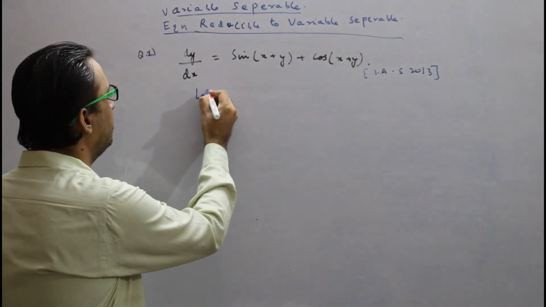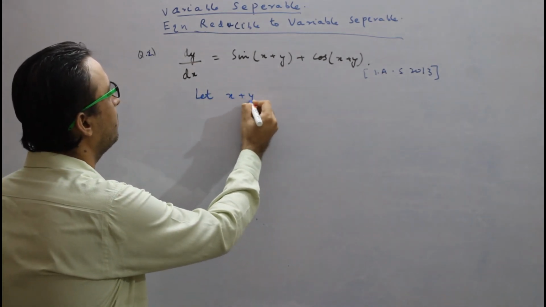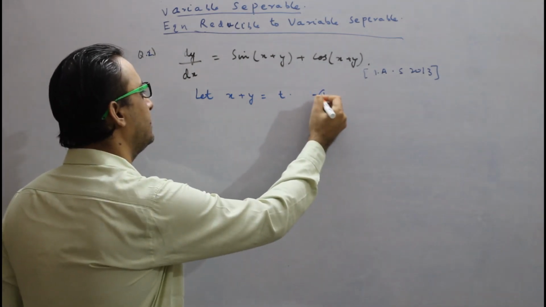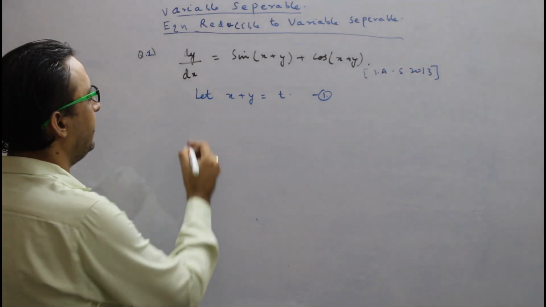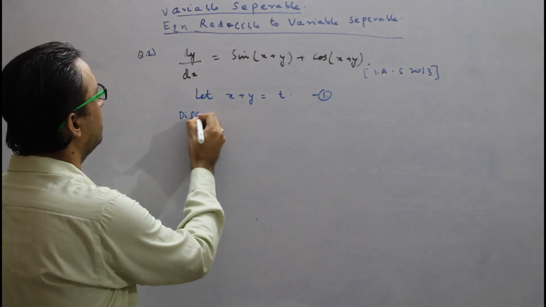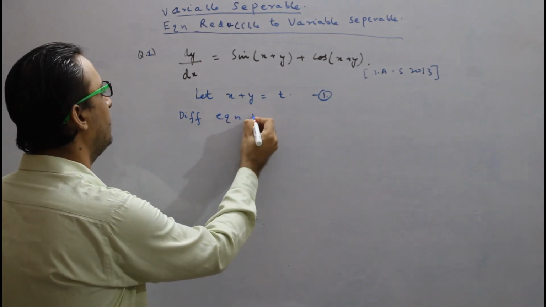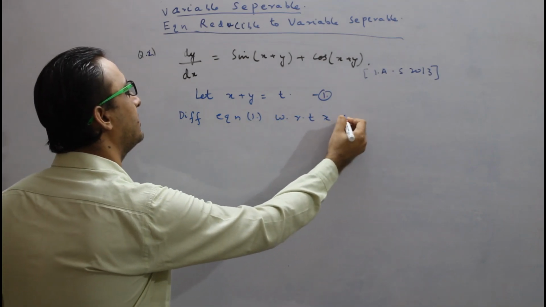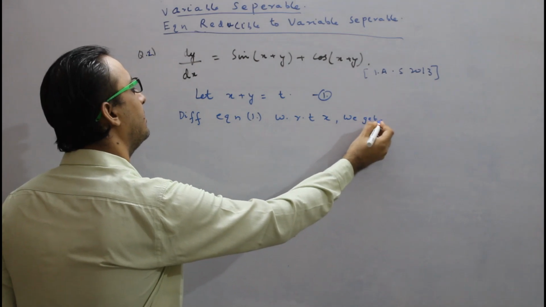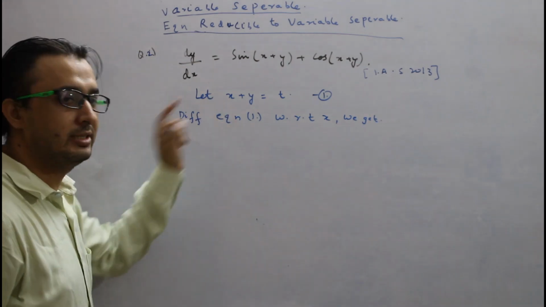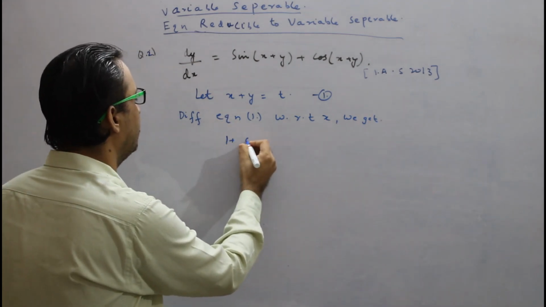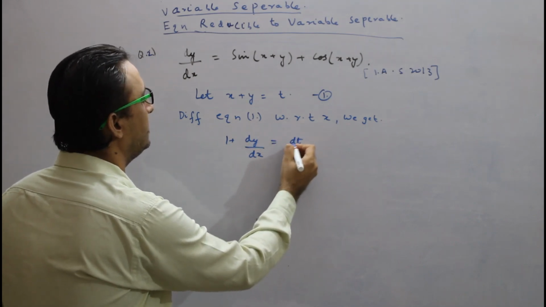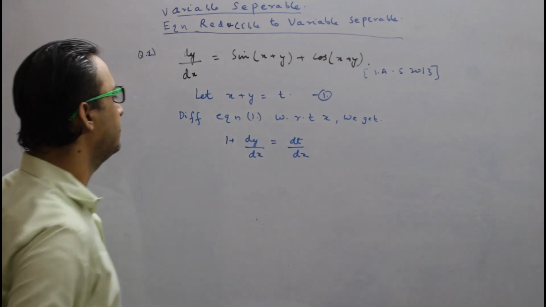So the first step is that we will take let x plus y is equal to t. This is equation 1. If I differentiate equation 1 with respect to x, we get dx by dx is 1 plus dy by dx is equal to dt by dx.